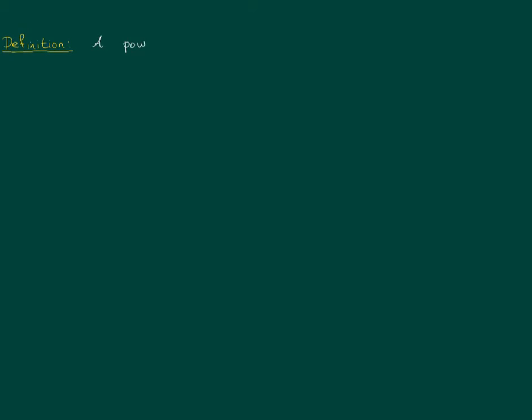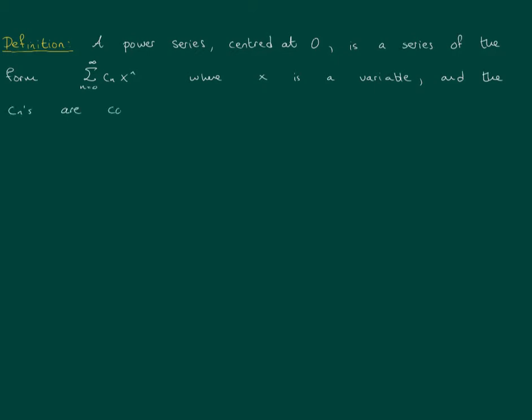A power series centered at 0, and this will become relevant later, is a series of the form sum n goes from 0 to infinity of c_n x to the n, where x is a variable and the c_n's are constants called the coefficients of the series.